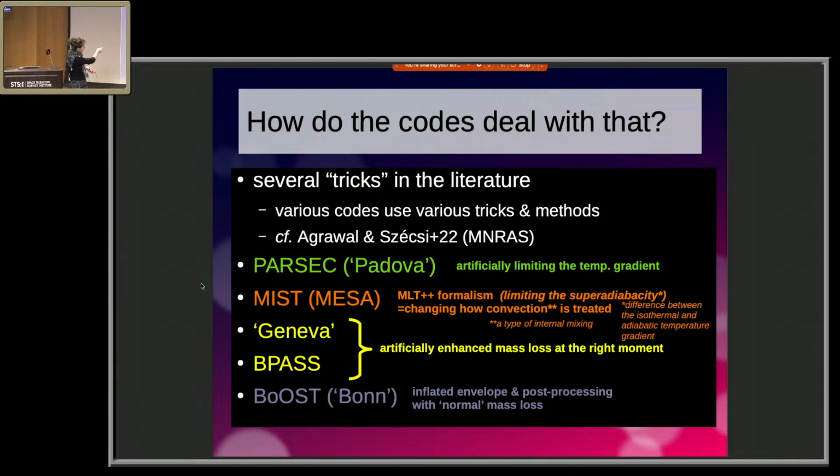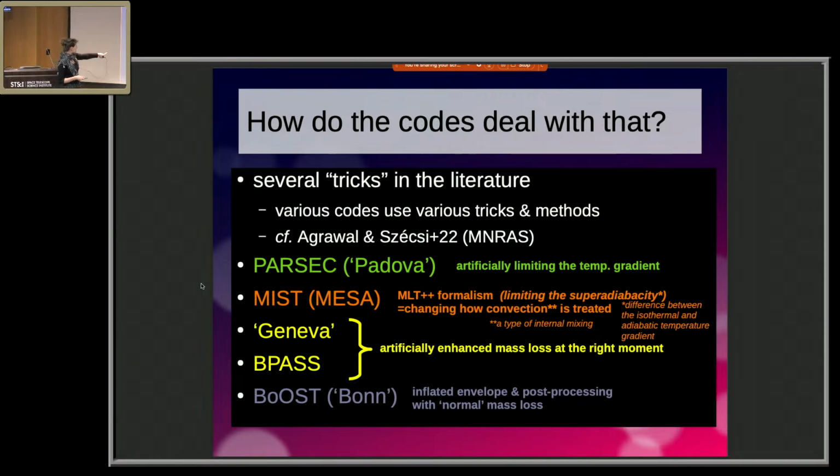In MESA, at least in the MIST project, they use the so-called MLT++ formalism, which is another way of not reaching the Eddington limit and avoiding these envelope inflation and density inversion things. But whether it's realistic, whether that's what nature does, we don't know. It's just a pragmatic solution that developers apply to solve this numerical challenge. But who knows if it's true or not.